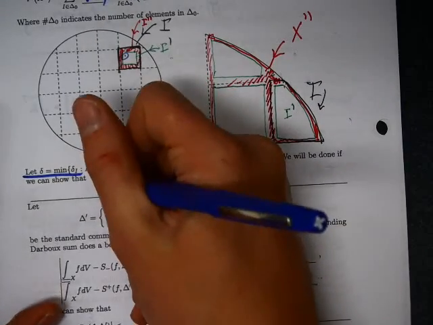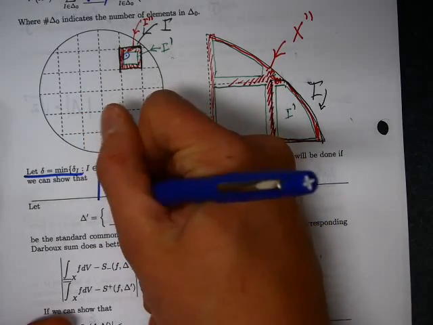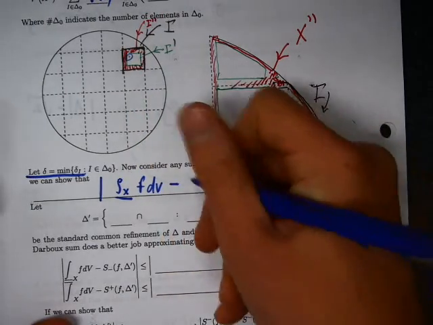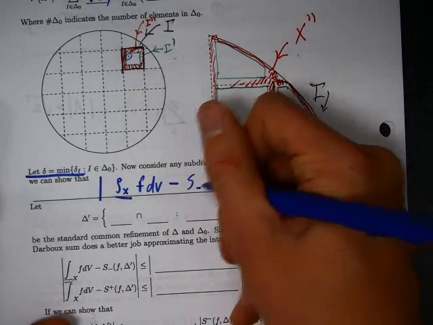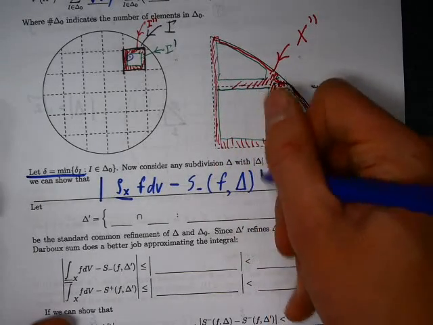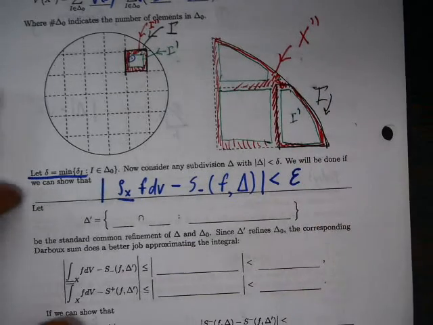I need to show that the difference between the lower integral over x of f dV minus the lower Darboux sum of f using the subdivision delta is less than epsilon.